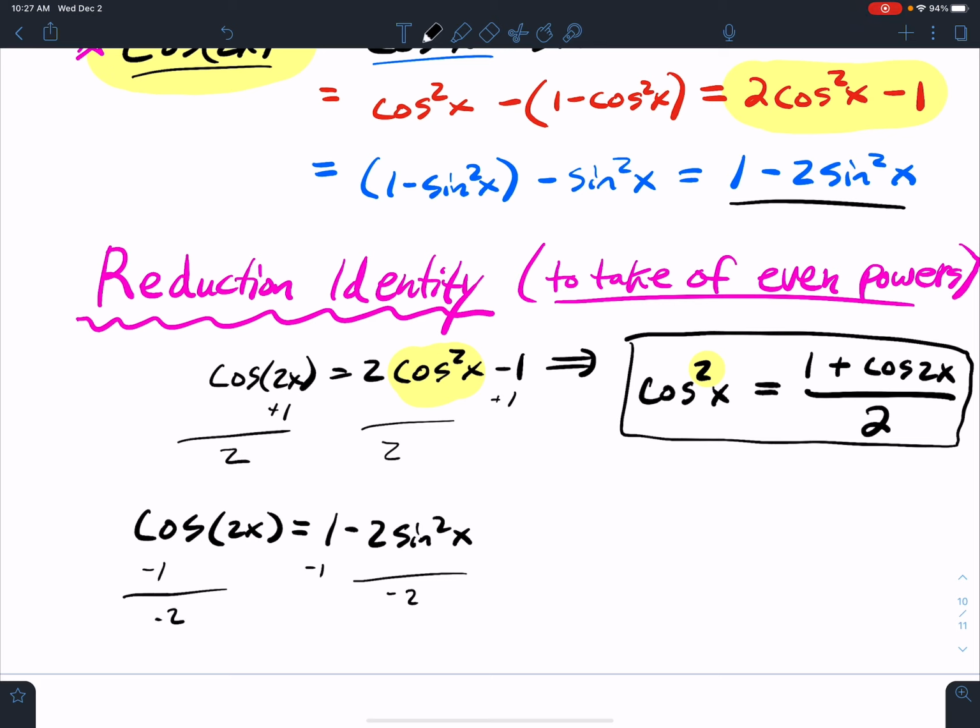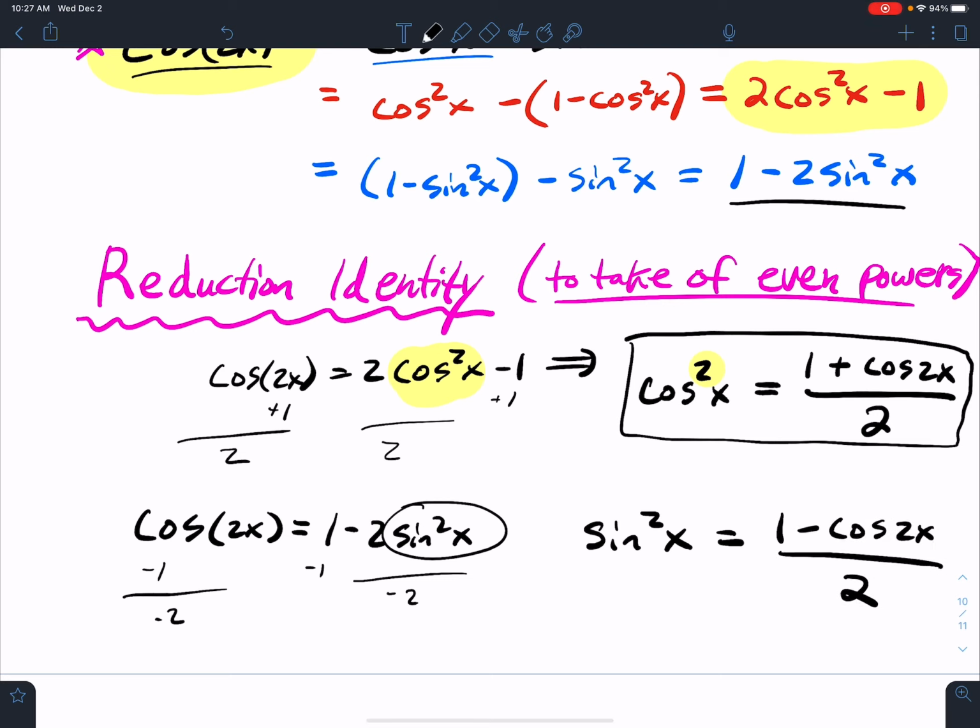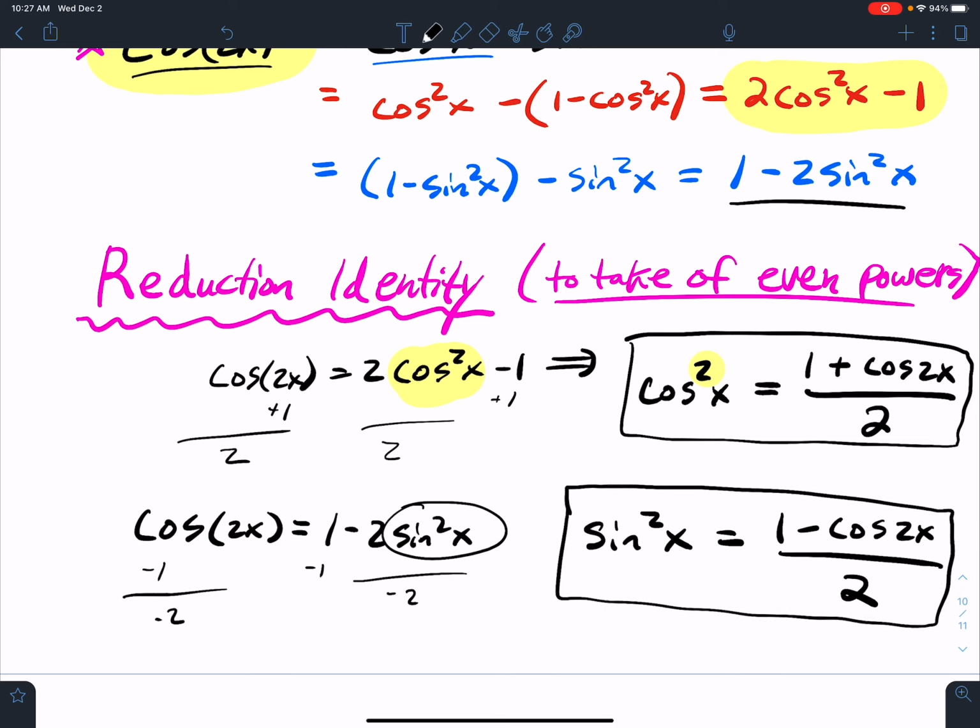And when I divide through by that negative 2, the signs change. I get sine squared x. I'll leave you to do that algebra there to solve for sine squared. And this is going to be 1 minus cosine 2x over 2. So very similar to the cosine squared reduction identity. The only difference is one is a plus and one is a minus.